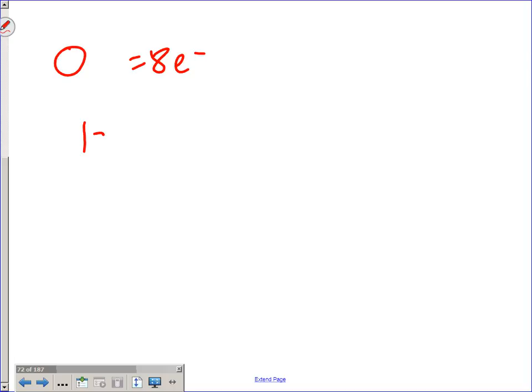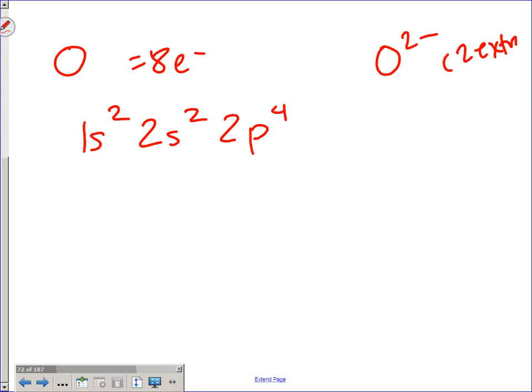So follow along. 1s2, 2s2, 2p4. Okay, so you stopped at oxygen, it's about midway through the p block. So you can see 4, 2, 2, that is 8 electrons total. But then it told you O2 minus. What does that mean happened to this? So it has 2 extra electrons, which is why it has that overall negative charge.